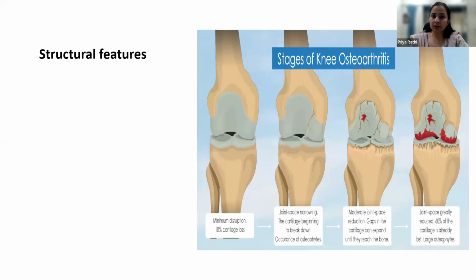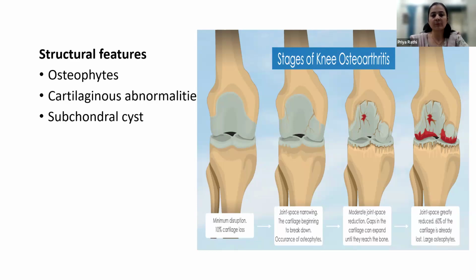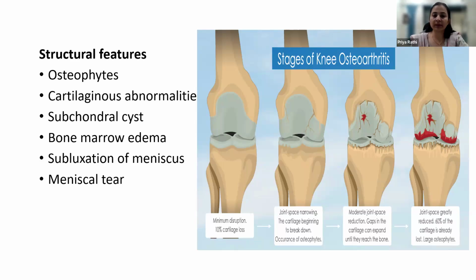Now, if we look at the structural features which are seen on investigations, that is osteophytes, cartilaginous abnormalities, subchondral cysts, bone marrow edema, subluxation of meniscus, and meniscal tear. But all the patients may not have the structural abnormalities. In fact, there is no correlation between the structural abnormalities and the amount of pain the patient can have.